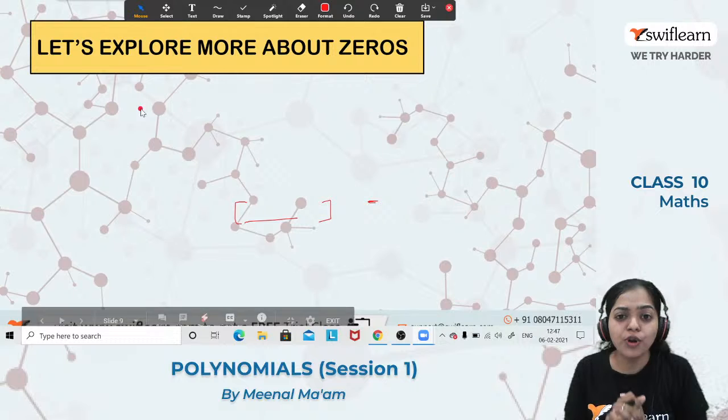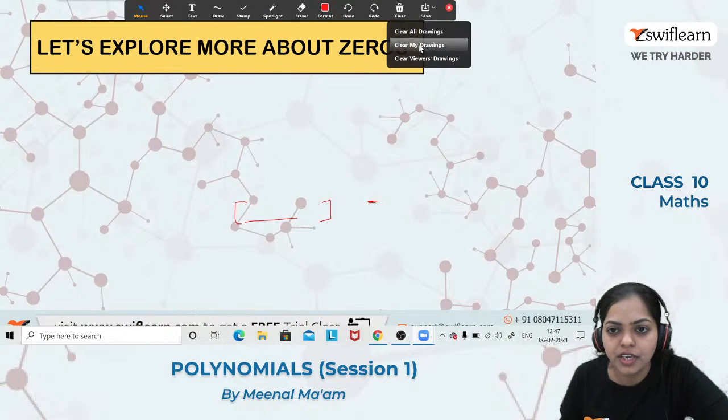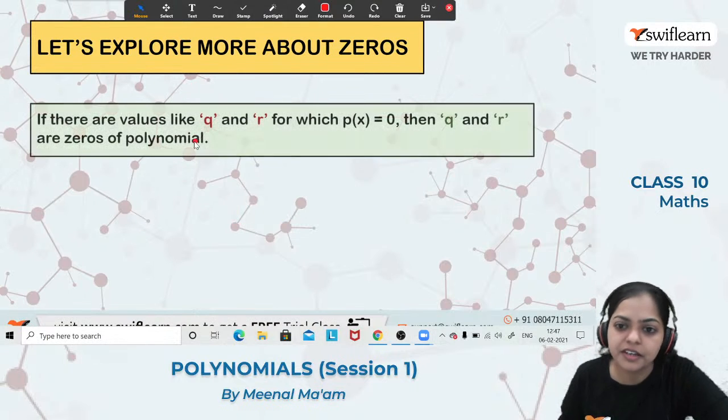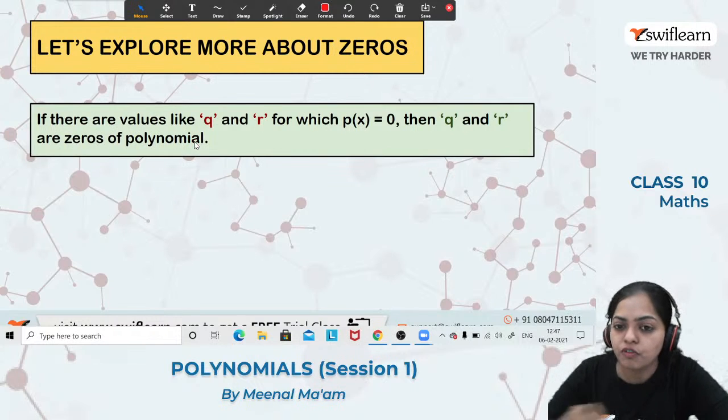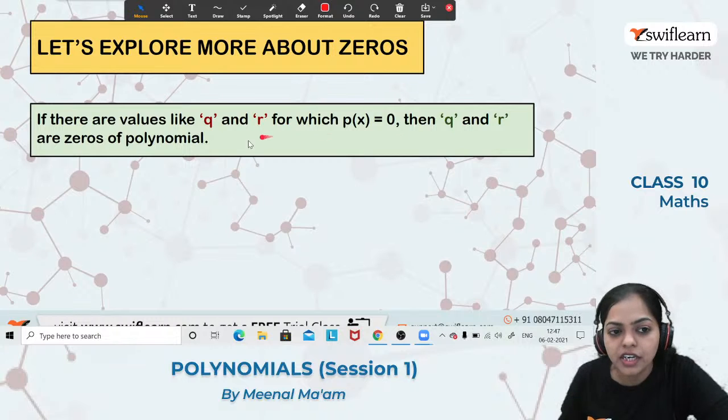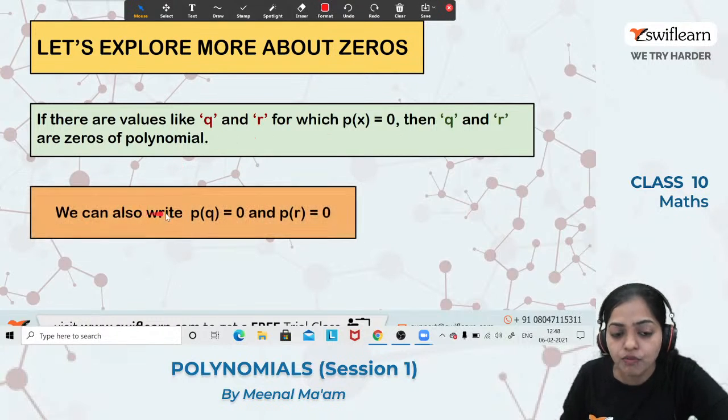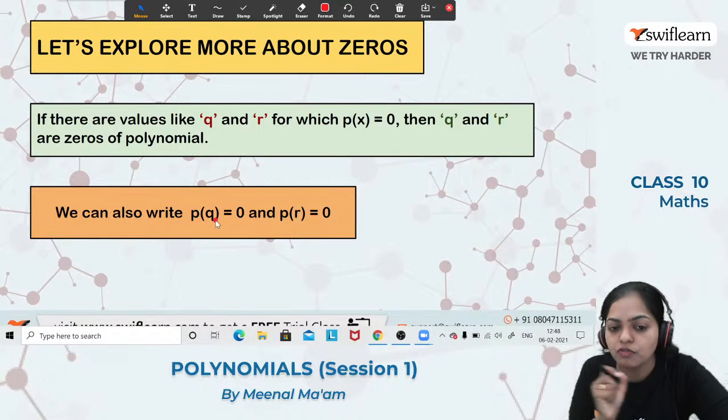So let's explore more about zeros. If there are values like q and r for which p(x) = 0, then q and r are the zeros of the polynomial. So we can also write that p(q), the value of the polynomial expression when we put the variable as q, will be equal to 0.